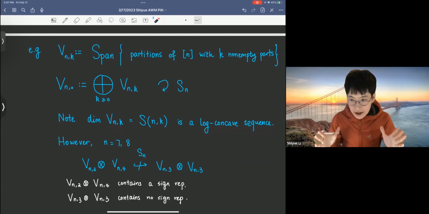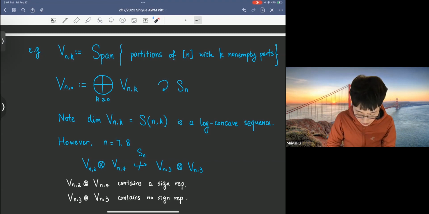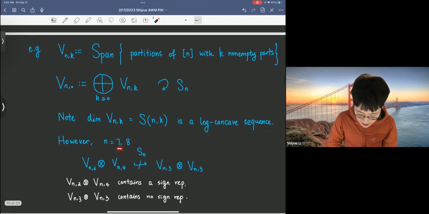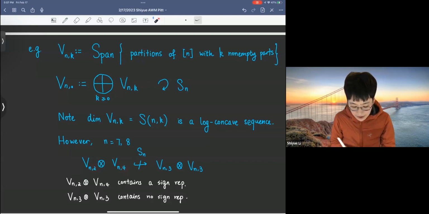But in fact, this representation is not Sn equivariantly log concave, because my collaborator and I have coded a program that showed that when n is equal to 7 and 8, the tensor product of the degree 2 piece and the degree 4 piece does not inject Sn equivariantly into the degree 3 piece tensor with the degree 4 piece.